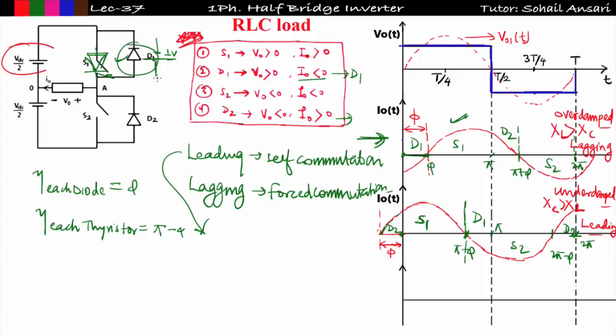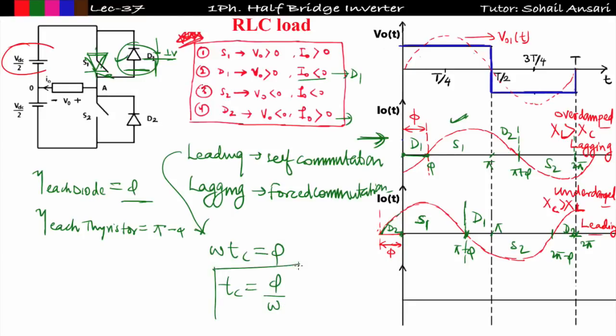So this thyristor will be reverse biased till D1 conducts. The conduction angle of diode D1 is phi. So thyristor S1 will face reverse bias till diode D1 conducts. Diode D1 is conducting for phi duration in one cycle. So I can say omega Tc will be equal to phi, so Tc will come out to be phi upon omega.